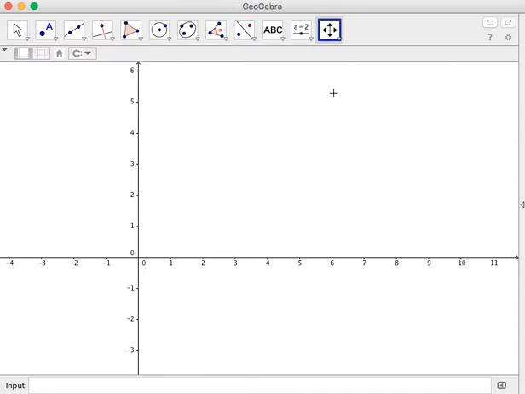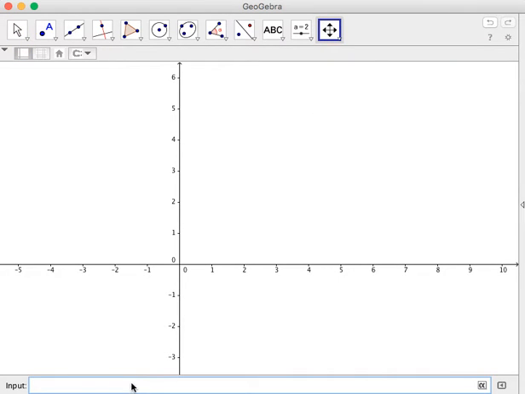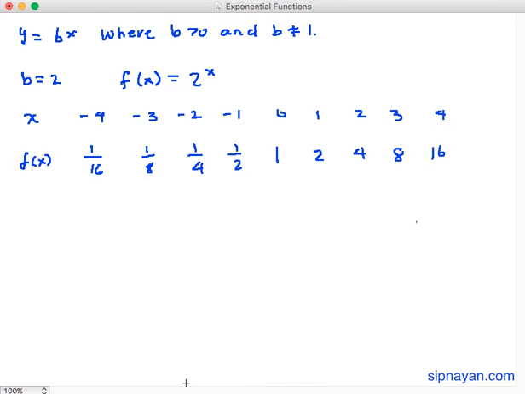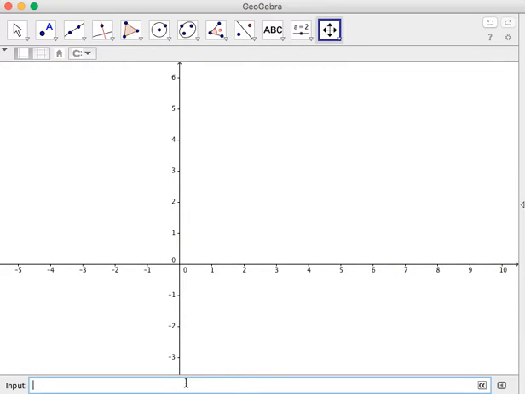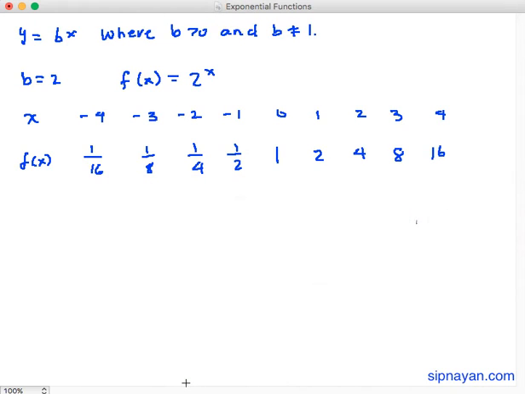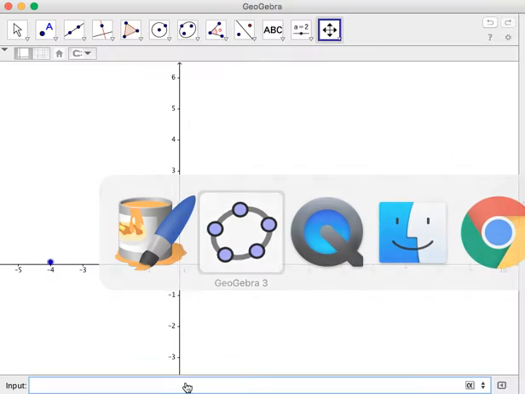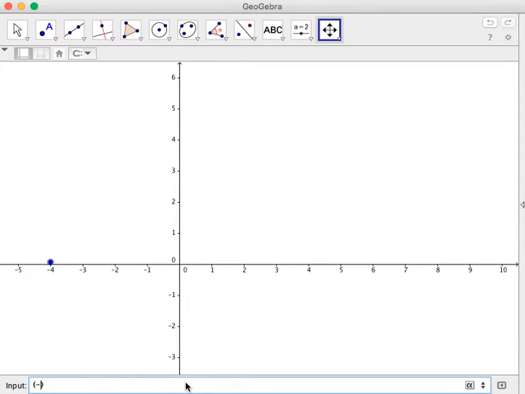Okay, so meron tayong negative 4, 1 over 16. Tapos yung sunod natin, negative 3, 1/8.